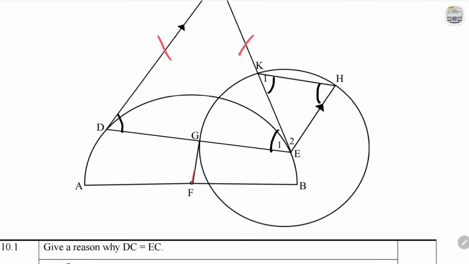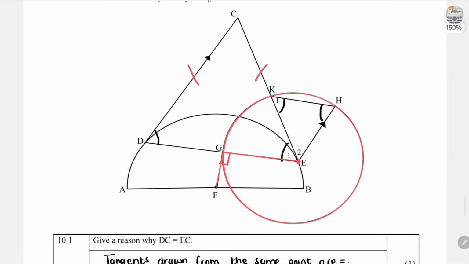You can see that this circle has a center at E, so that makes this a radius. So EG is a radius and FG is a tangent. The radius and the tangent are perpendicular at their point of contact.